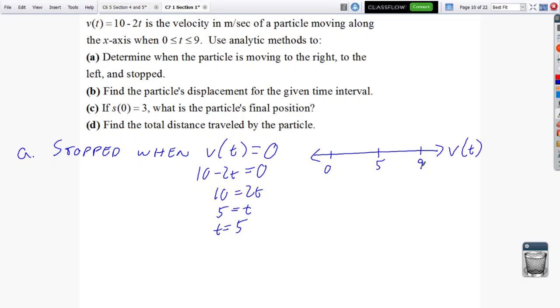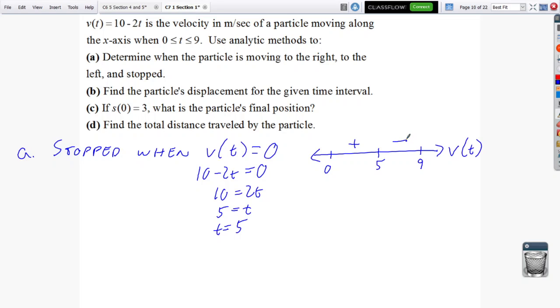Now, all we're doing here is a sign chart like we did so many chapters ago. Between 0 and 5, you could use a test point, 1: 10 minus 2 times 1 gives me a positive. Between 5 and 9, test point of 6: 10 minus 2 times 6 gives me a negative, right?